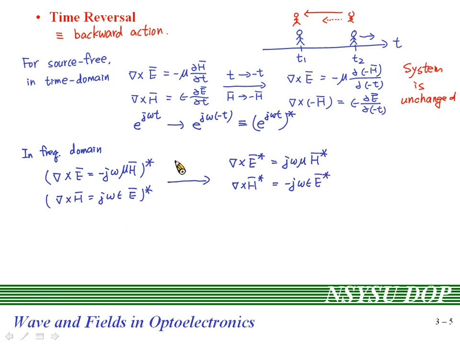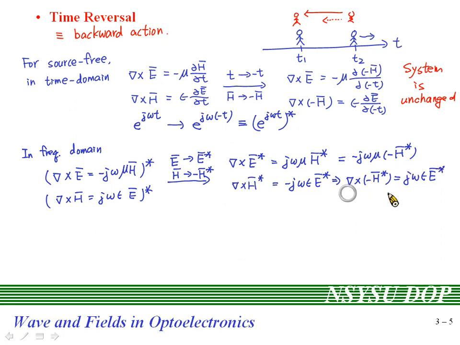But now we replace the E field by E conjugate, and the H field by minus H conjugate. Then the first equation can be written as minus j omega mu times minus H conjugate, and the second equation can be rewritten as curl of minus H conjugate is j omega epsilon E conjugate.